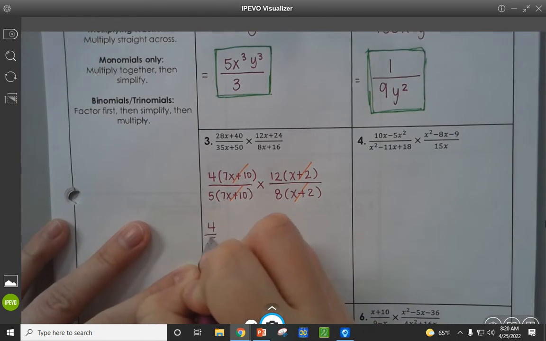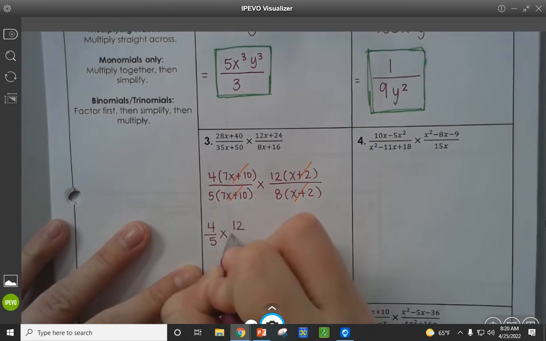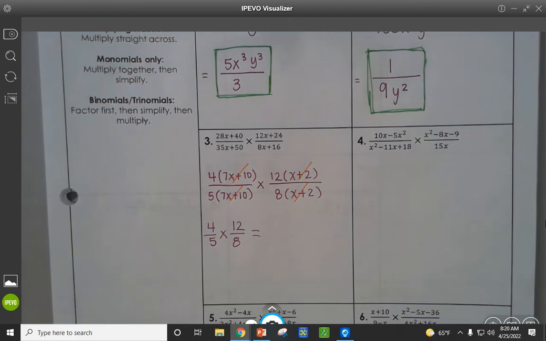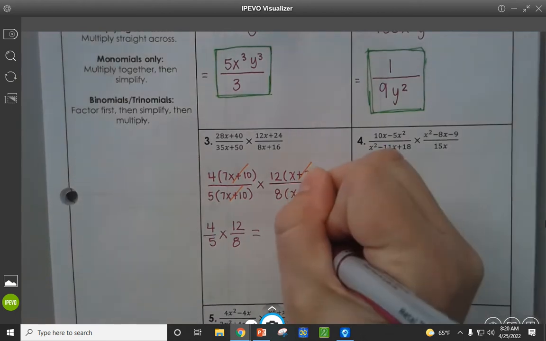And we get 4/5 times 12/8. And you just type that in the calculator. What do you get? 6/5.